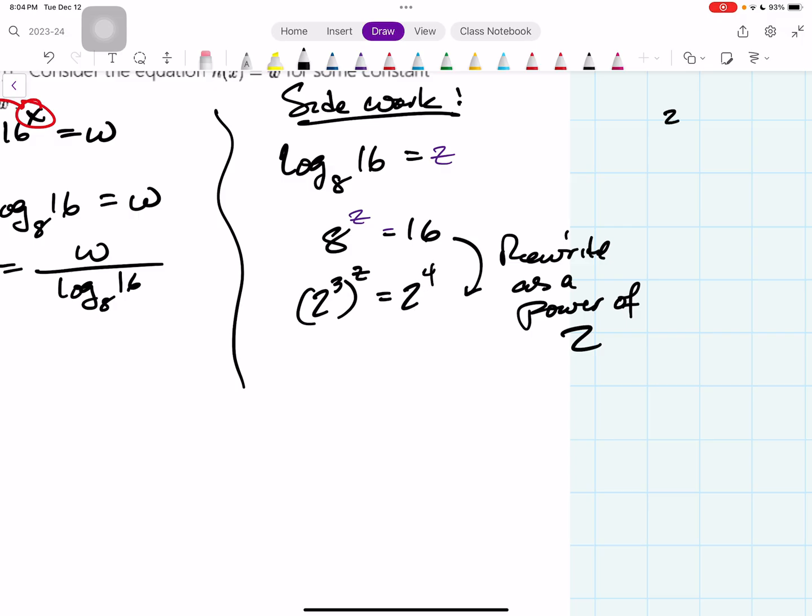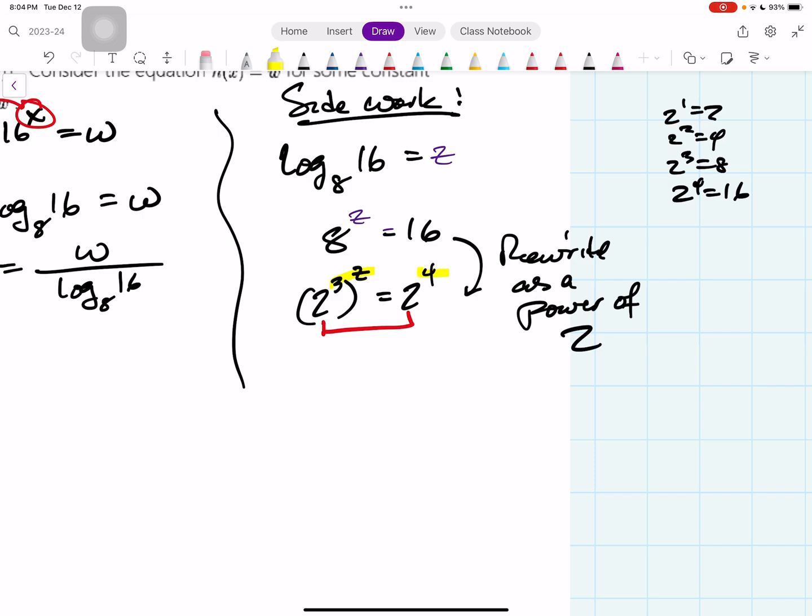Again, 2 to the first is 2, 2 squared is 4, 2 cubed is 8, 2 to the 4th is 16. Just keep on multiplying by 2. And here we go again. If the bases are equal, the exponents are equal.